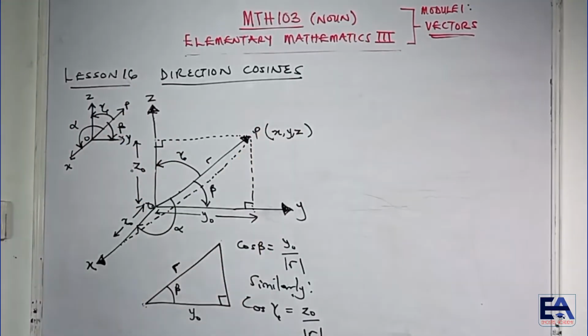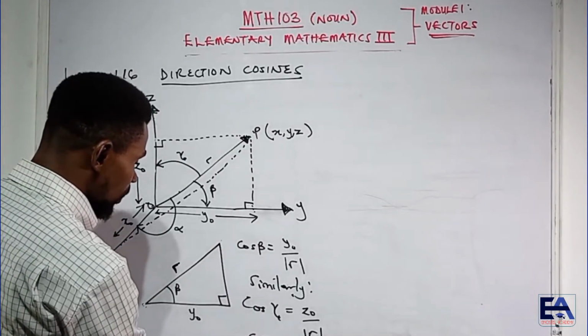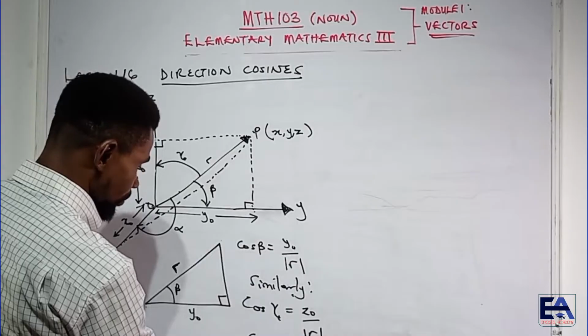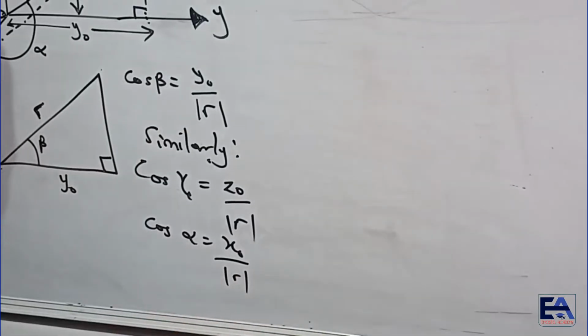Do you understand? And then cos alpha is going to be equal to x naught over the magnitude of r. Each of these is what we call a direction cosine.